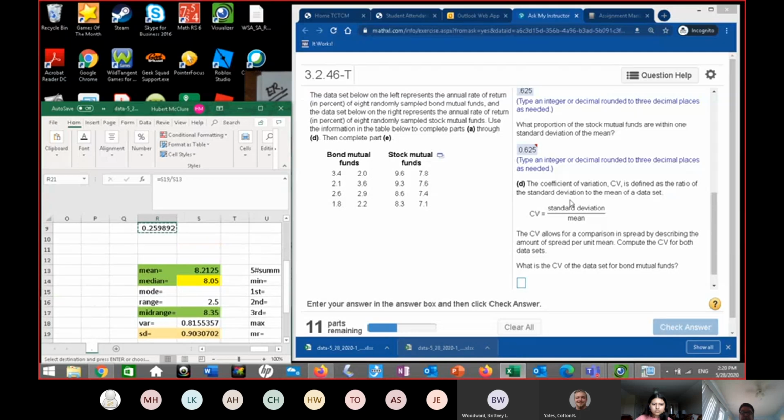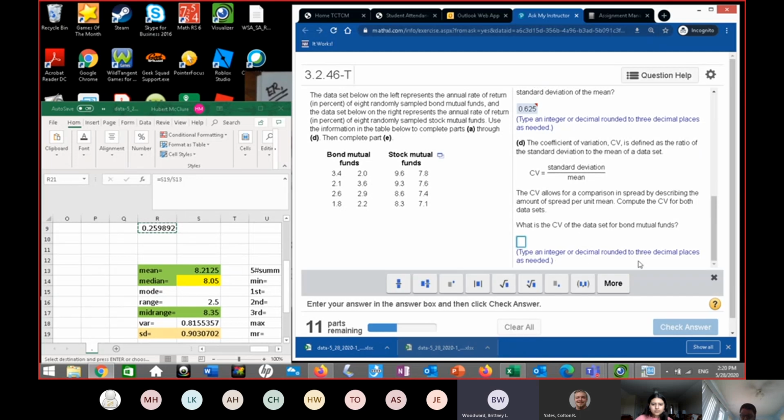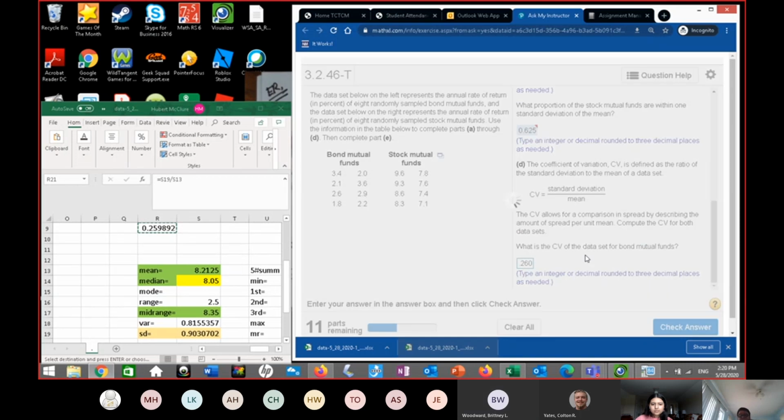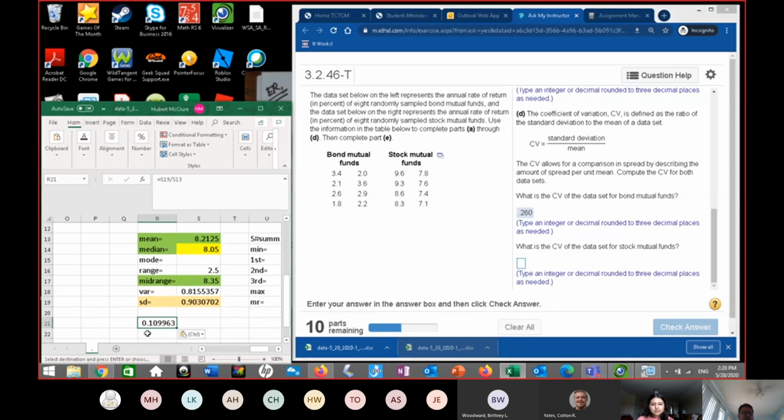That's close enough. It doesn't say round, does it? There it is. Three decimal places, 0.260 for bonds, and stock mutuals, 0.110.